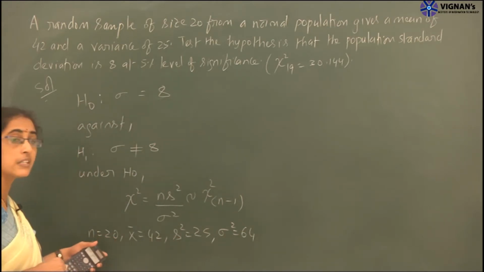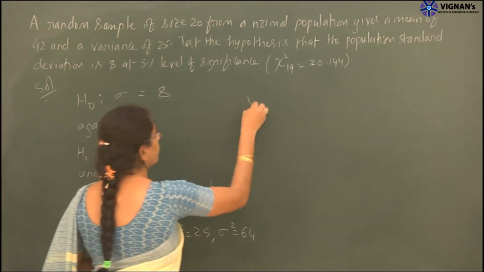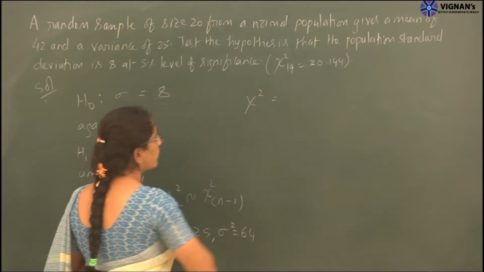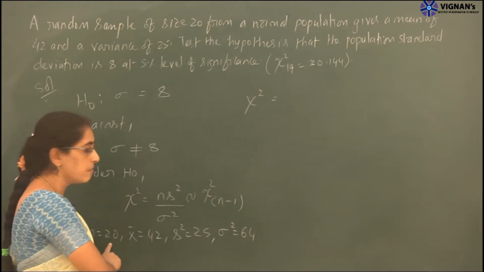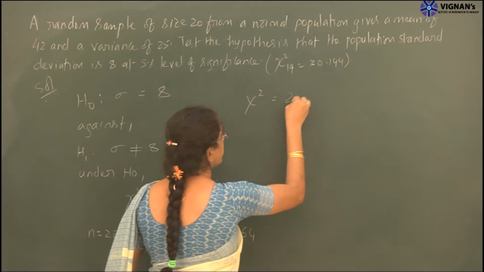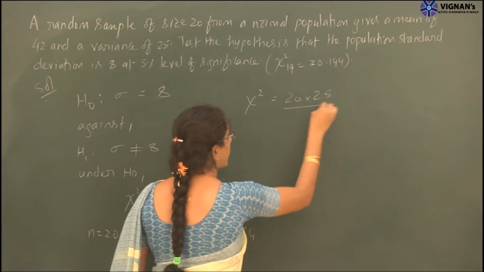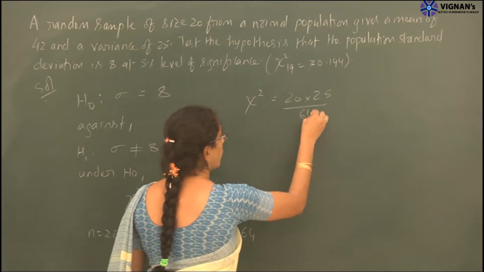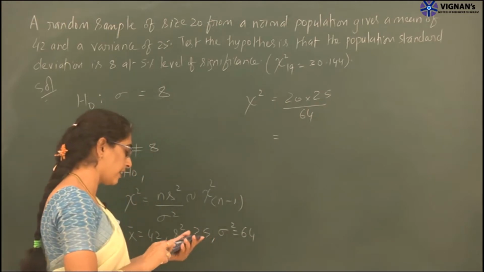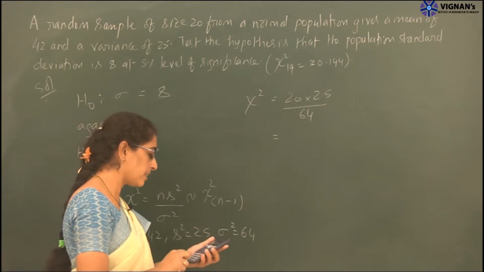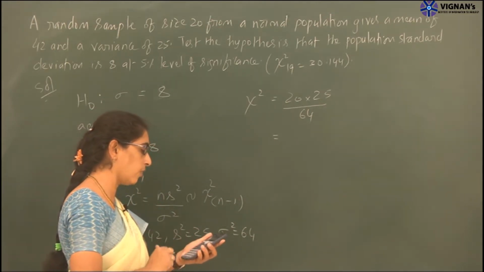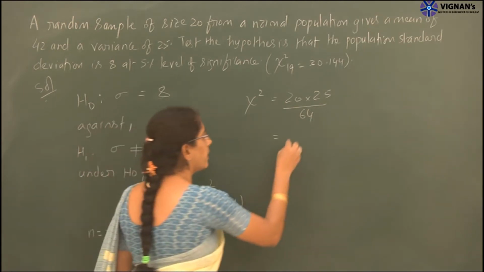Now let us substitute this data in the formula. So chi square equal to n into s square, that is 20 into 25, by sigma square, 64. So the chi square calculated value will be 20 into 25 divided by 64, which is 7.8125.